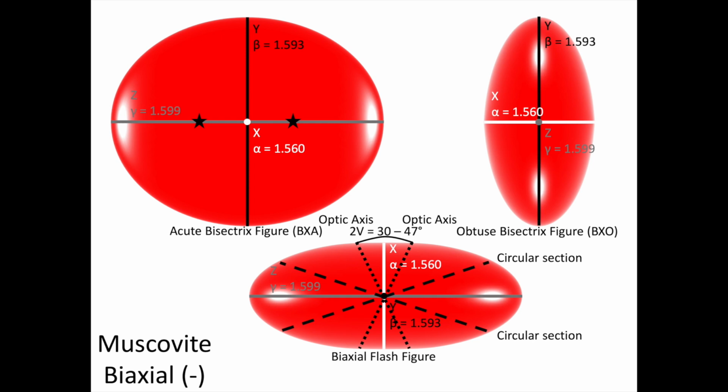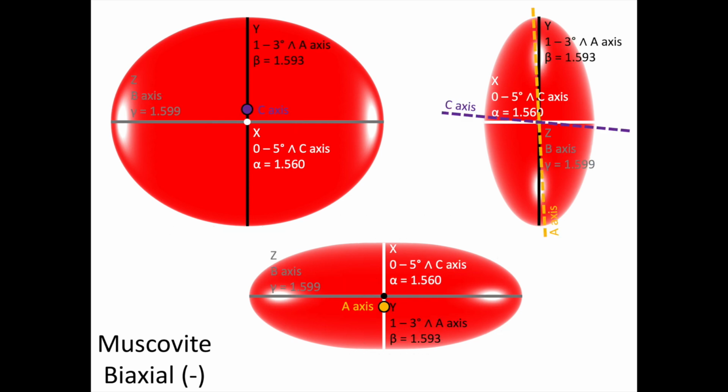In many of the more symmetric crystal systems, the axes of our optical indicatrix and our crystallographic axes align. However, because muscovite is monoclinic, only one of our crystallographic axes and the axes of our optical indicatrix will. The B crystallographic axis of our muscovite aligns with the Z direction of our optical indicatrix.